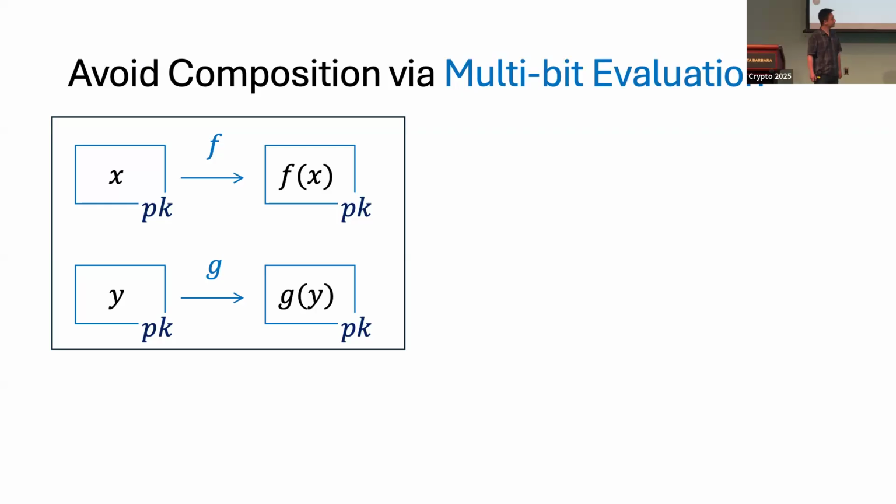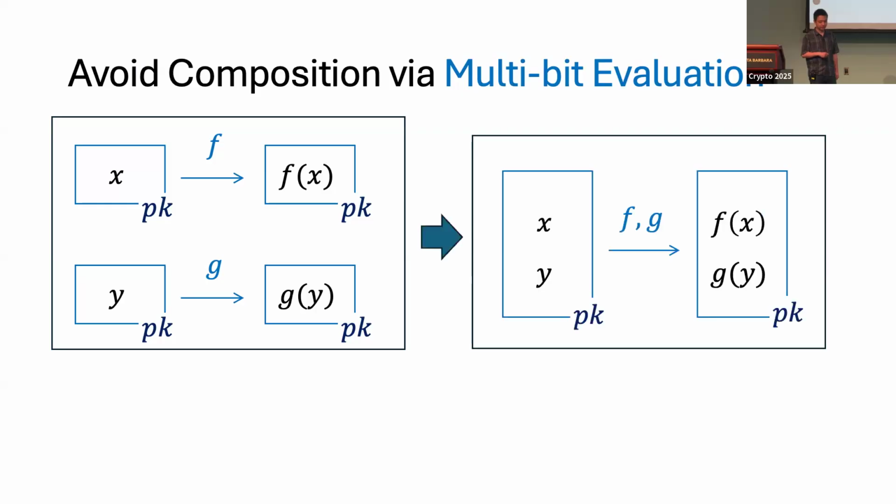So the idea is whenever in the application you want to evaluate two functions, two single-bit output functions f and g, we just avoid such a scenario by combining the input ciphertexts into a giant ciphertext that contains the inputs x and y simultaneously.